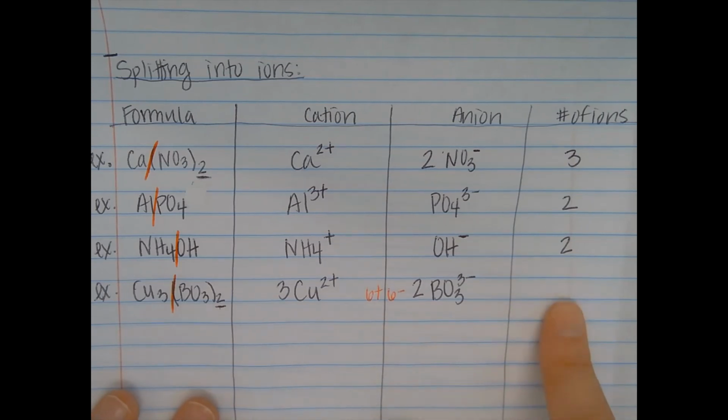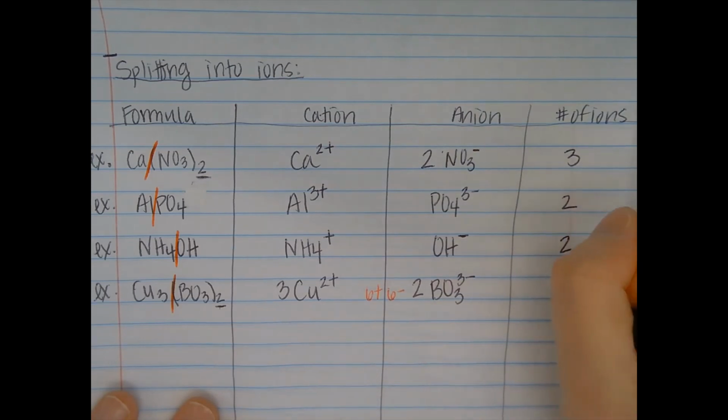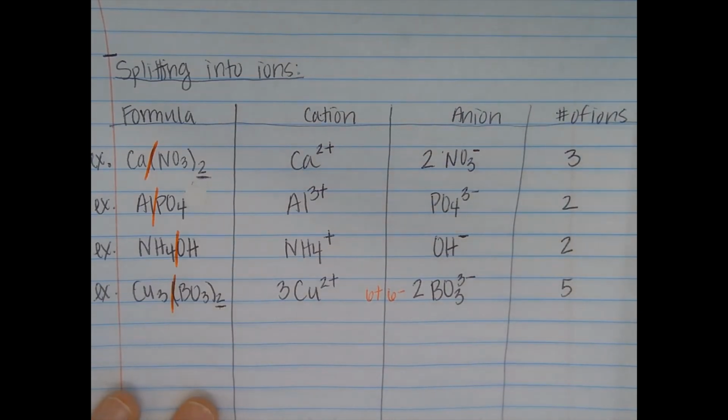And if I'm looking at my total number of ions, there are 3 copper(II) ions and 2 borate ions. So 3 plus 2 is how many? 5. So it's the same process, but now we're just looking at a group of atoms and we're treating it like one single unit. And we can't break that unit up. And that's polyatomic ionic bonding.